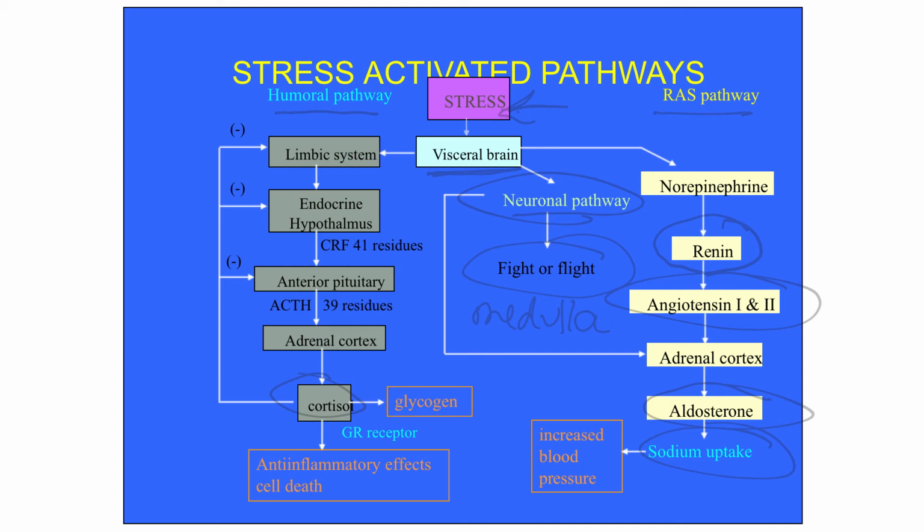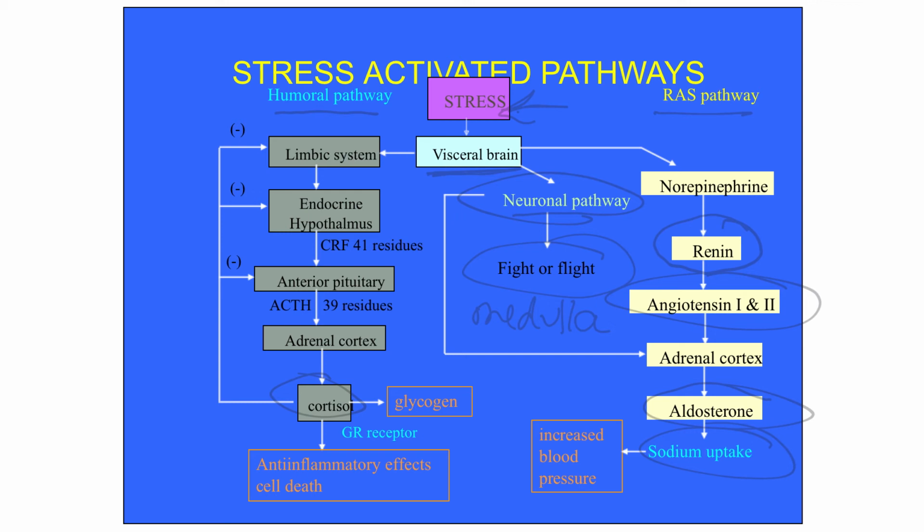The other thing that is on here is that not only can we have direct stimulation of sympathetic nerves through a more physiologic neuronal pathway, we can also have this stimulated through physiologic stress in the psychologic sense. So this perceived stress would be activated through the visceral brain, signaling to the emotional areas known as the limbic system.